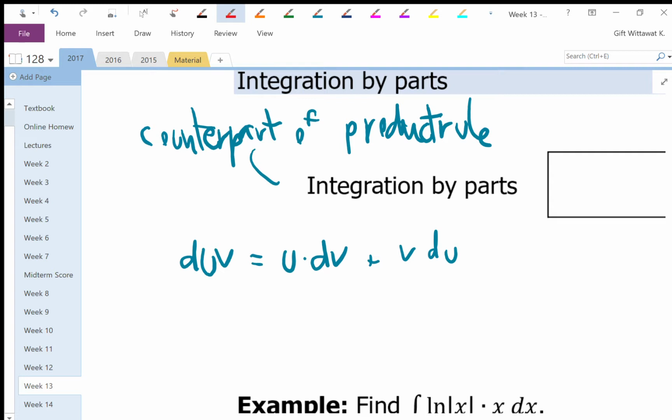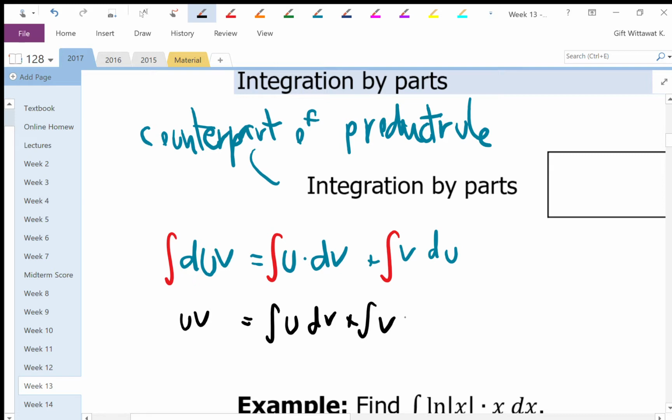Integration by parts basically takes a twist on this rule by integrating the whole thing. If I integrate the whole thing, then this is what I'm looking at. Now, if I integrate the derivative of uv, what I'm going to get is just u times v. So I'm going to have u times v equal to the integral of u dv plus the integral of v du.